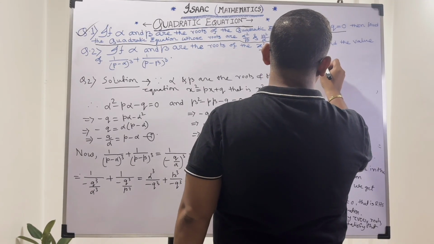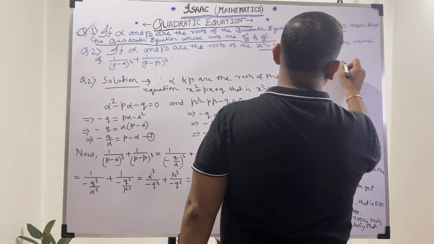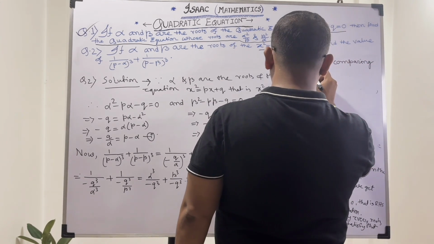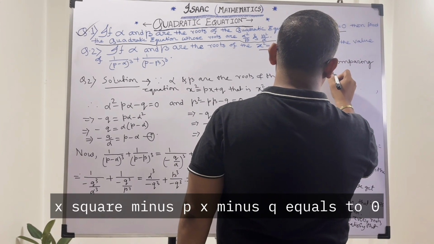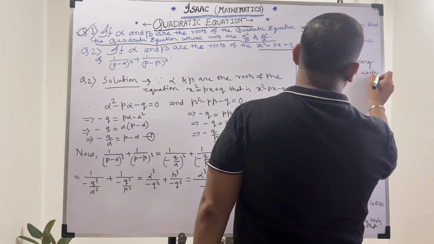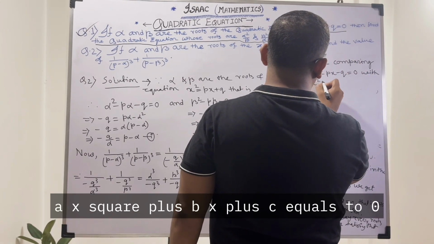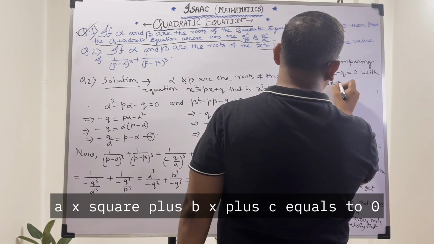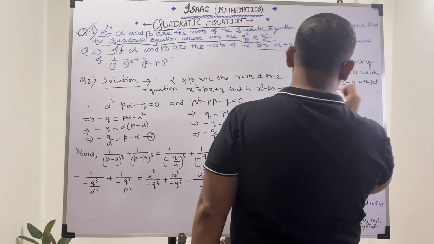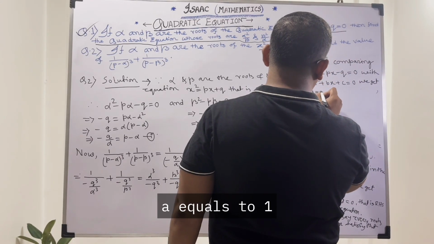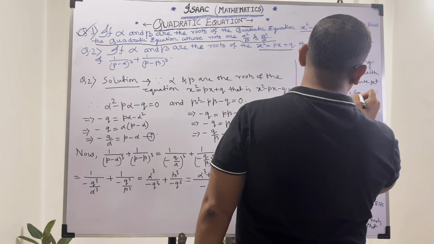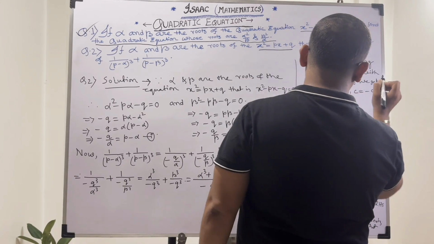Again, comparing x square minus px minus q equals 0 with ax square plus bx plus c equals 0, we get a equals 1, b equals minus p, c equals minus q.